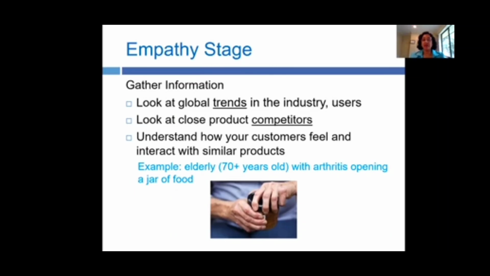A lot of the times they find it very difficult to handle some of this packaging. It's very common in the Western world, and demographically, the Western world has a huge population of elderly. So that becomes an opportunity for you to innovate and come up with a solution and solve that problem.